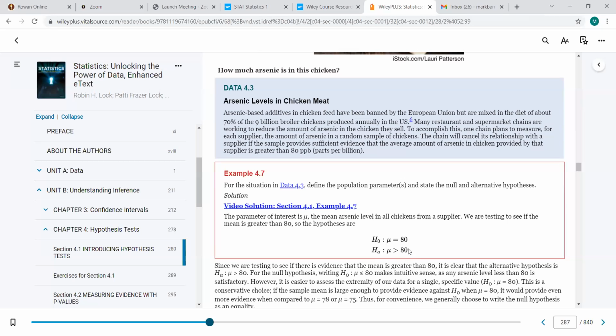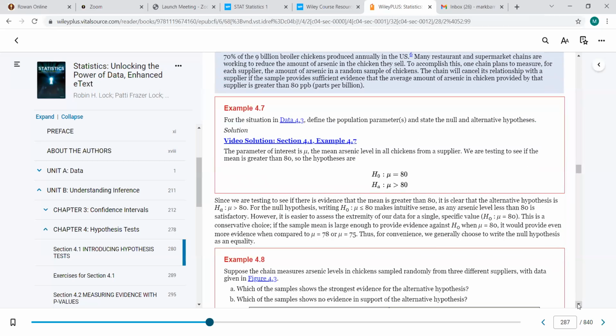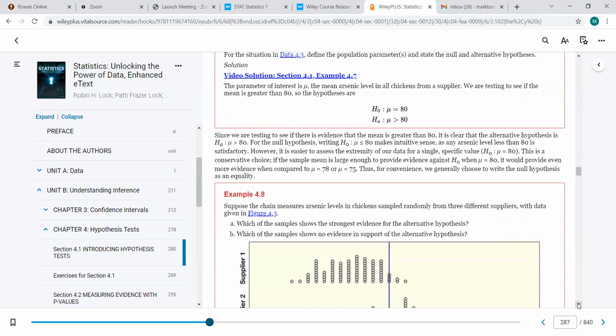And if we do reject the null hypothesis and accept the alternative hypothesis, then this chicken chain will cancel that supply of chicken from that supplier. They're just going to go with somebody else. So anyway, that's an example of where we use hypothesis testing in business. It's not just used in research, it's used in business also.